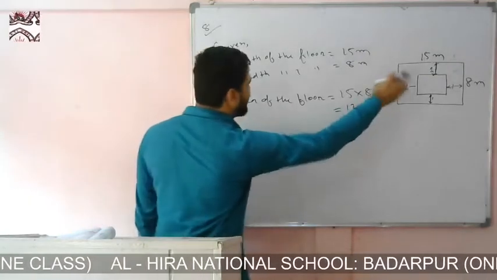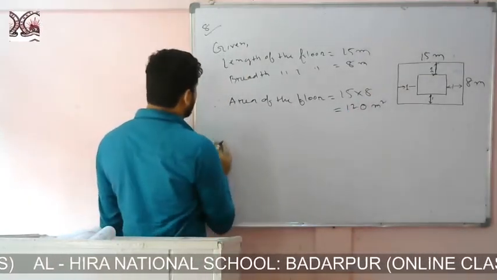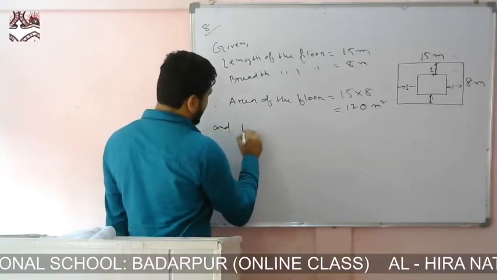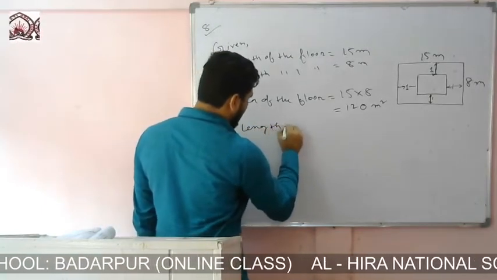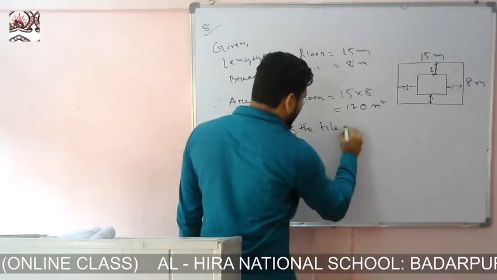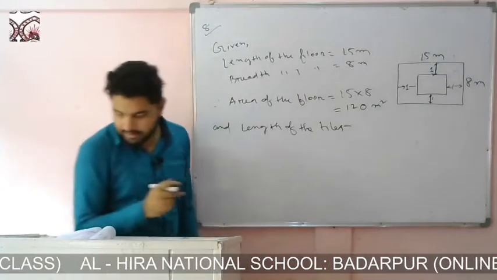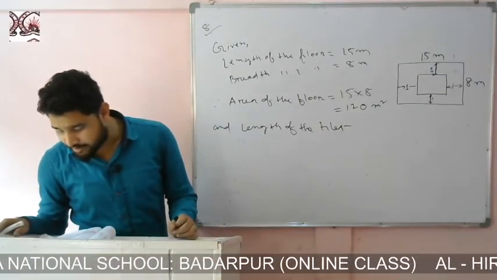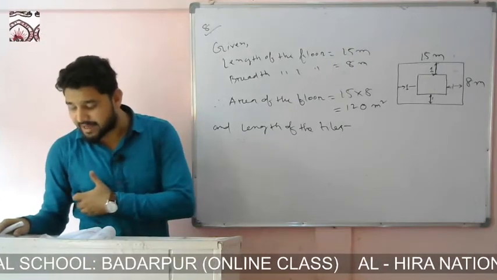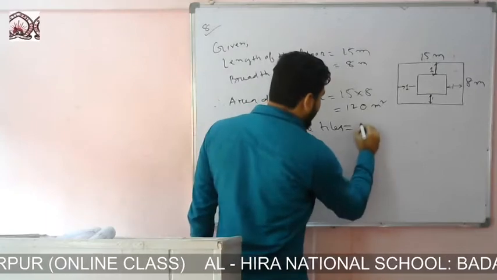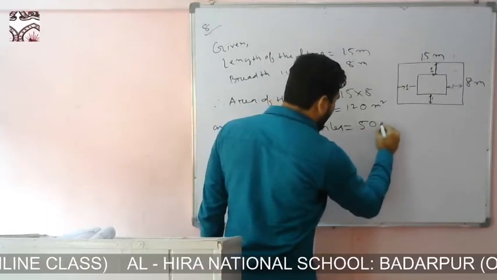Now we have to find the area of the tiles. So first you write the length of the tiles equals to what? A floor which measures 15 into 8 is to be laid with tiles measuring 50 centimeter by 25 centimeter. That means tiles 50 centimeter.